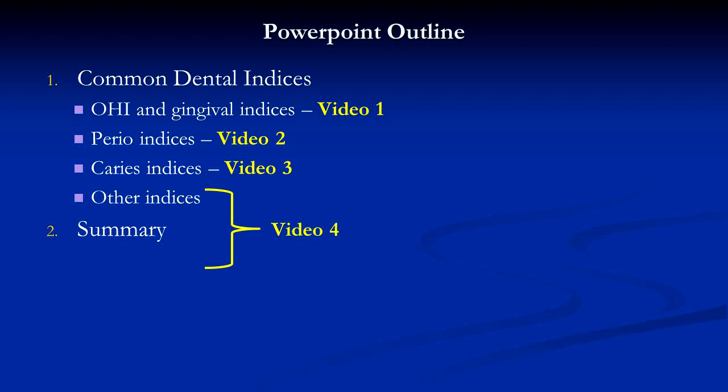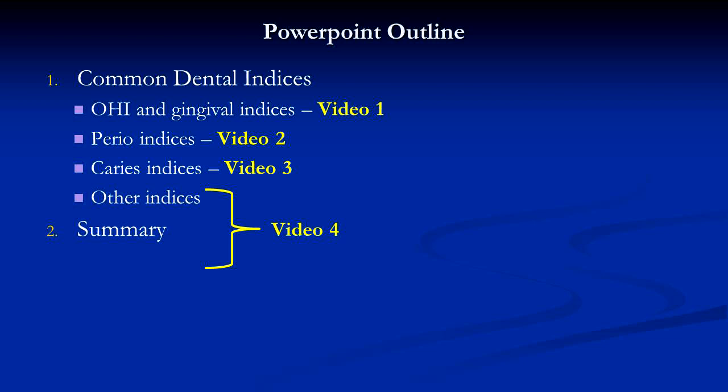But the general rule of thumb is that if you know the range of scores and you understand that the lower the number on the range of scores means healthier orally, then you'll be fine. So don't memorize the specific criteria for each of the indices.